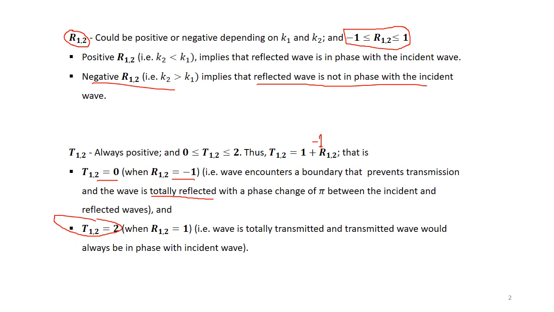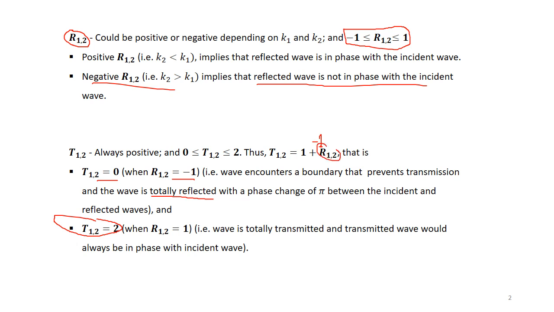So any value that is not up to 1 shows that reflection still takes place, but not absolute reflection. For example, if we have minus half, for example minus 0.5 for R1,2, what does that mean?